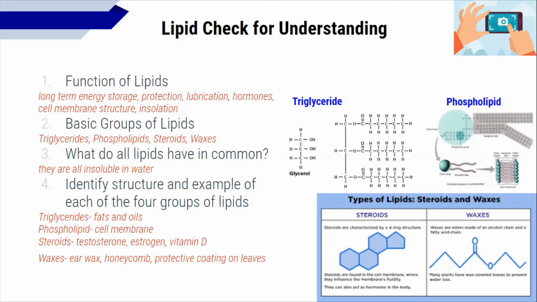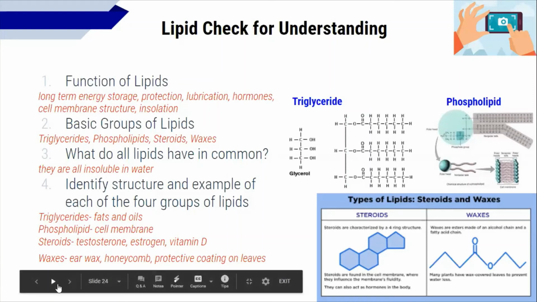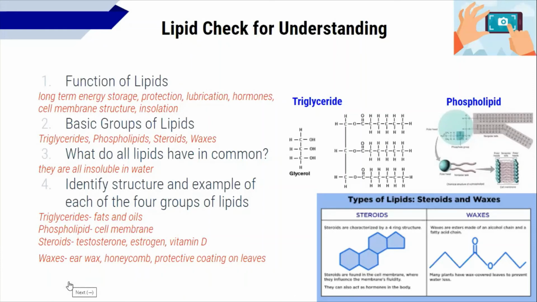The 4 groups of lipids are triglycerides, phospholipids, steroids, and waxes. All lipids are insoluble in water. Triglycerides are fats and oils. Phospholipids can be found in the cell membrane.